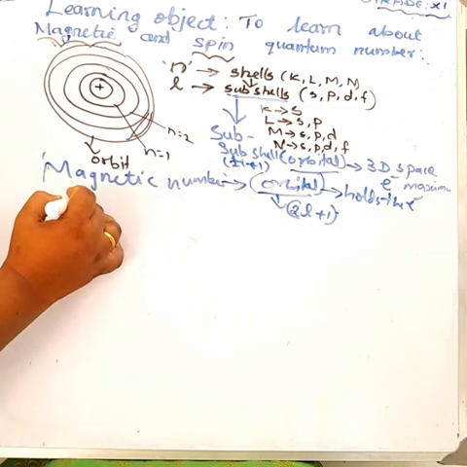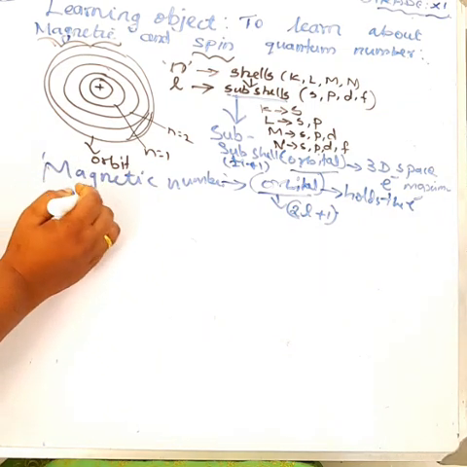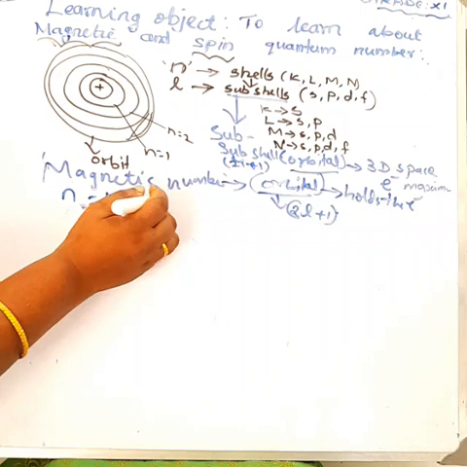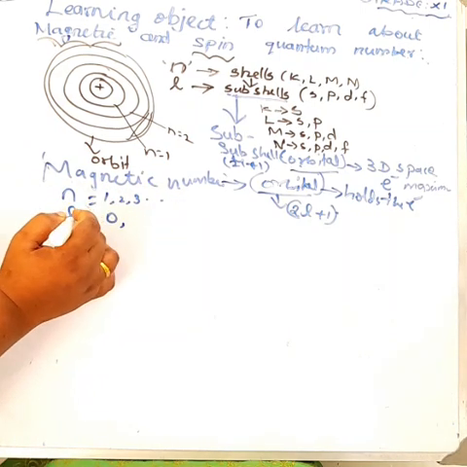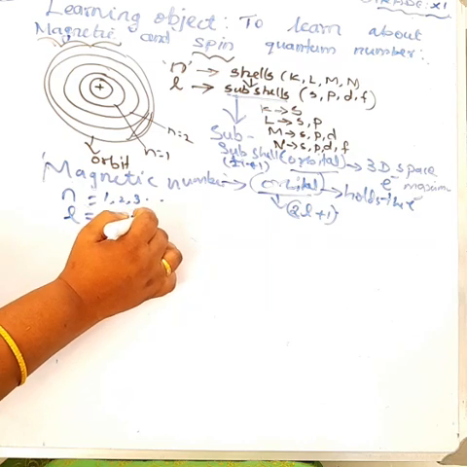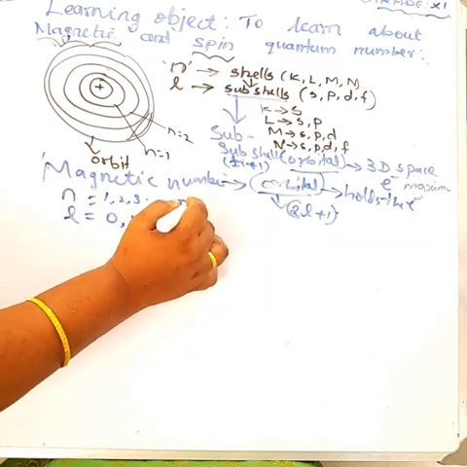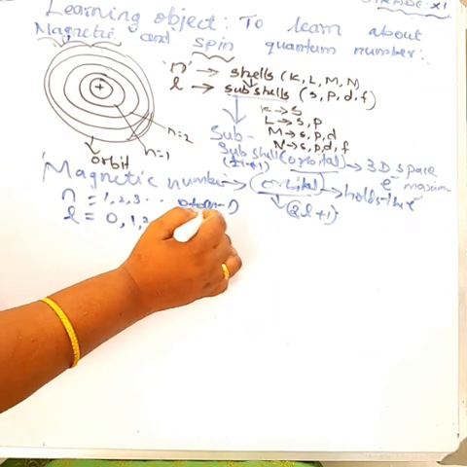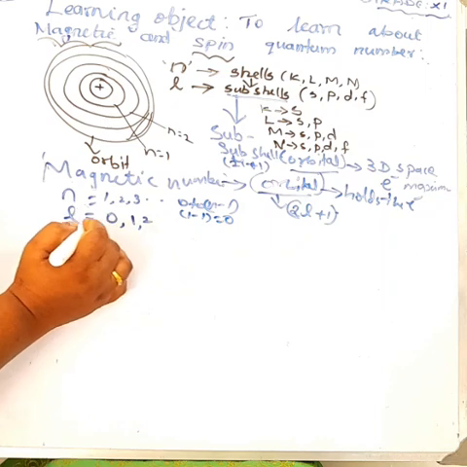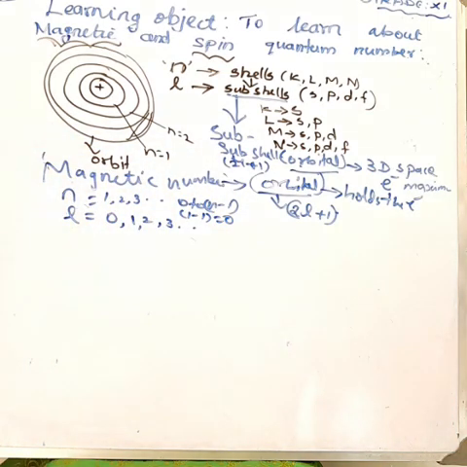Integral values of n are 1, 2, 3, 4 and so on. Integral values of L start from 0 to n minus 1. You know, yesterday we studied this clearly. So when n is equal to 1, n minus 1 is equal to 0. So the integral values of L are 0, 1, 2, 3 and so on.